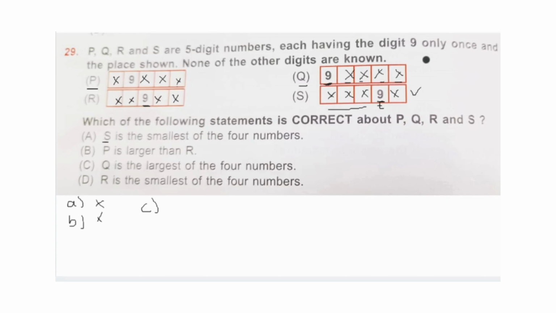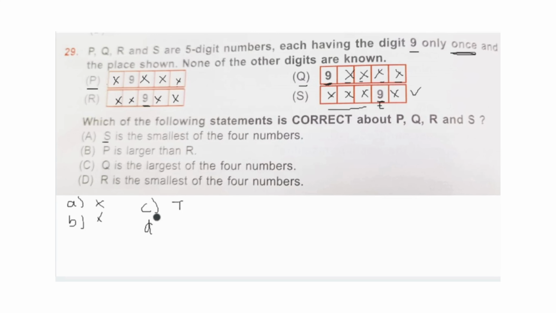And in the question, they have told that 9 cannot be repeated and will be used only once. That means none of the other options, that is P, R and S, will have 9 in the 10,000s position, making Q the largest number of the 4. So option C is a true statement.